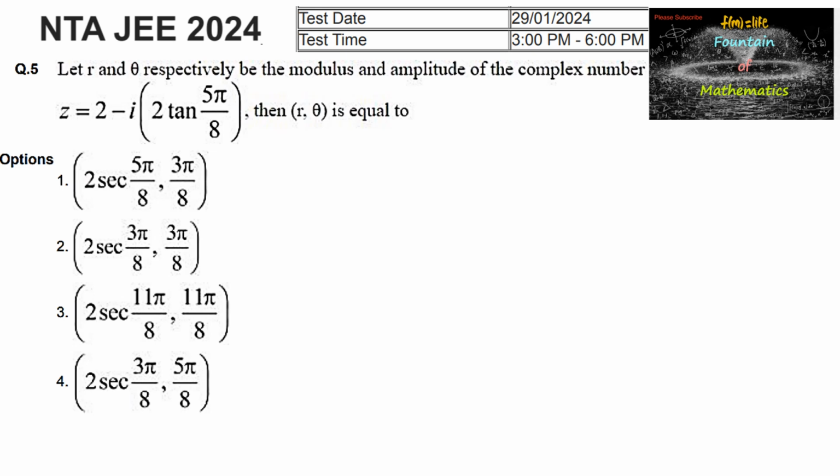Let r and theta respectively be the modulus and amplitude of the complex number z, which is equal to 2 minus i times 2 tan 5 pi by 8.